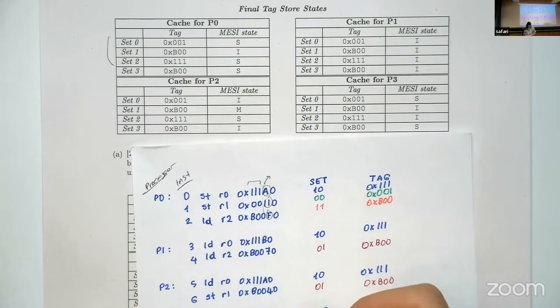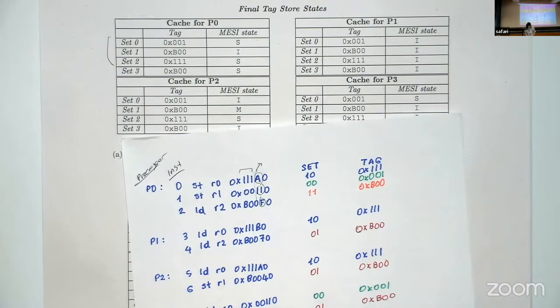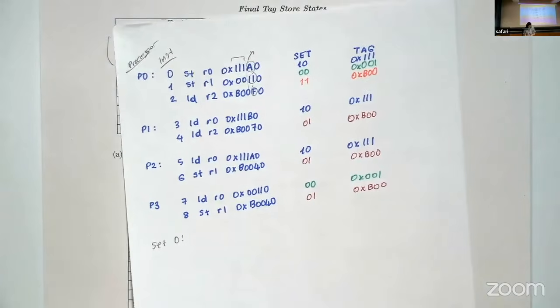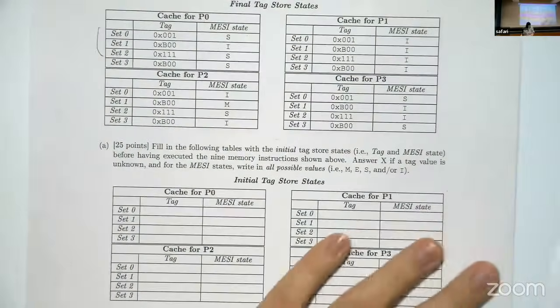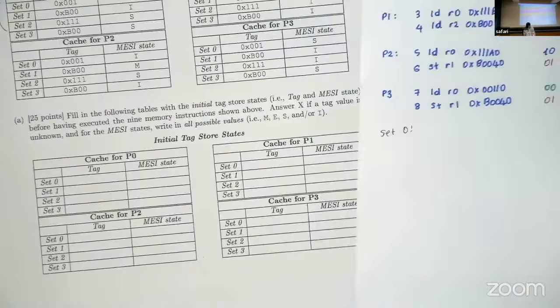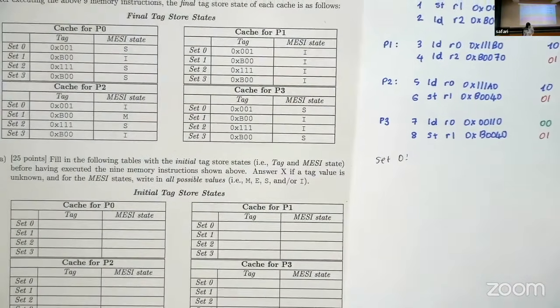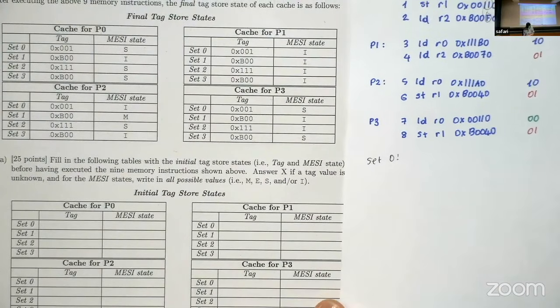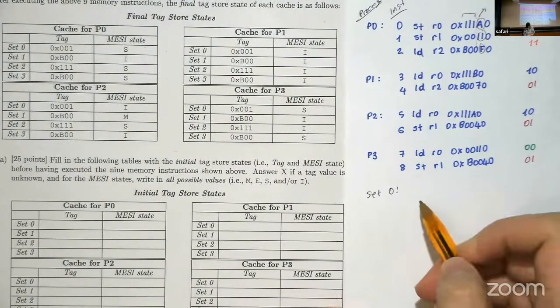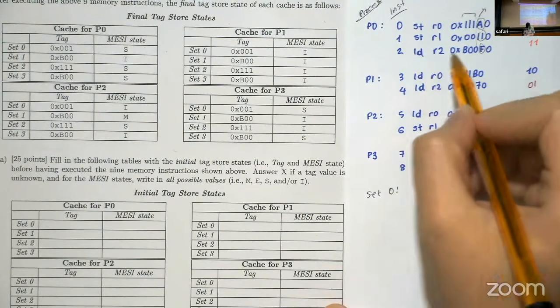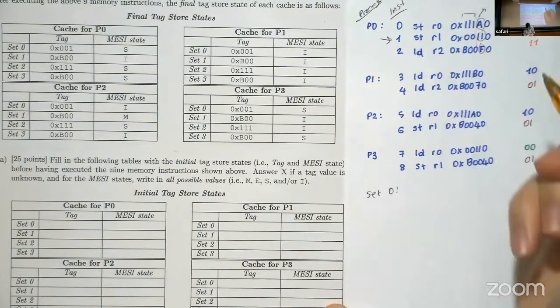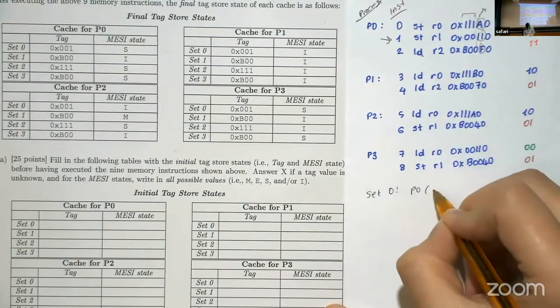For set 0, let's see which instructions we have. Okay, for set 0, we have this instruction here for processor 0, which is instruction 1.